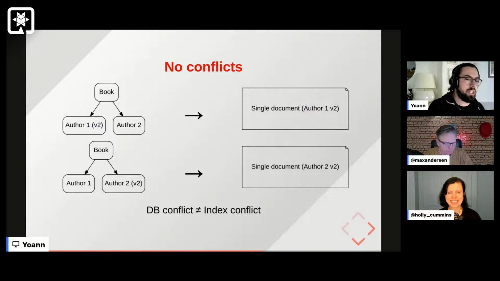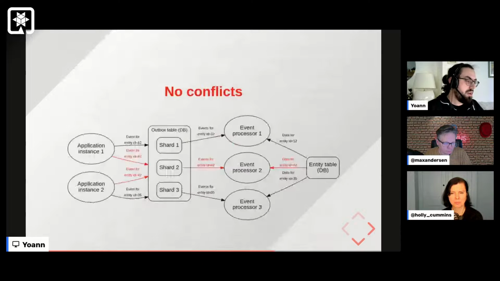They have a different change in them. And so whatever wins, you won't get an index in sync with your database. That was something that could happen rarely with the previous solution.